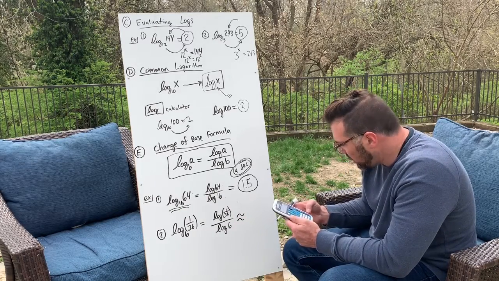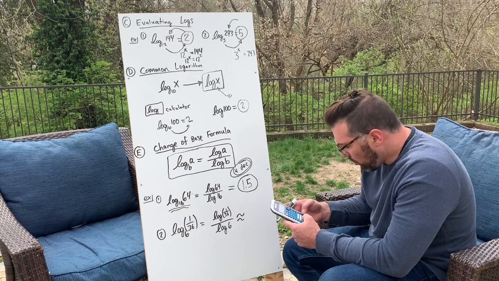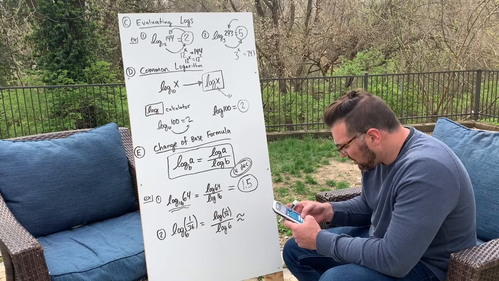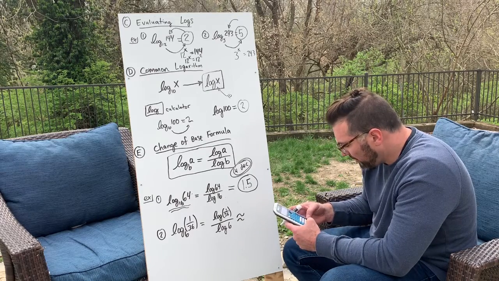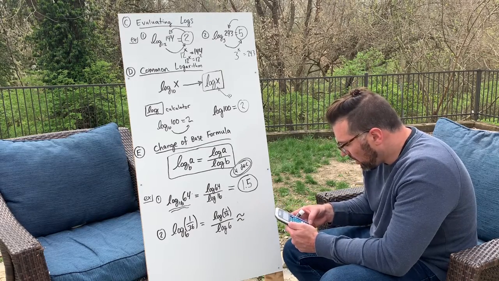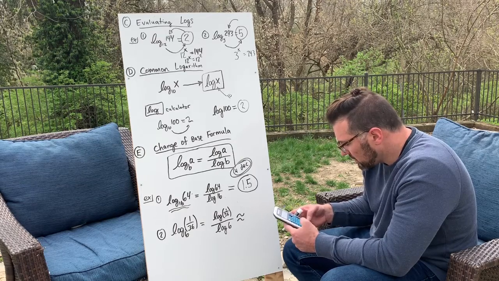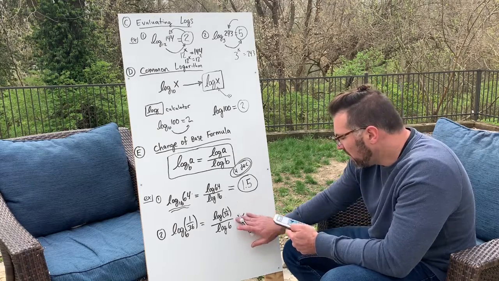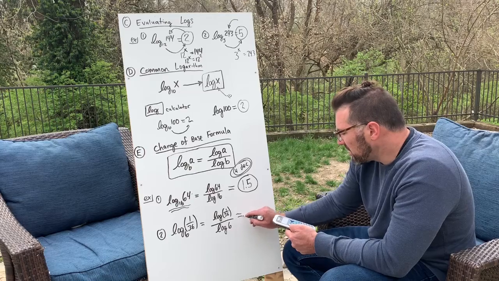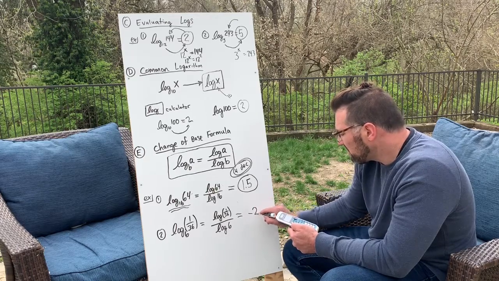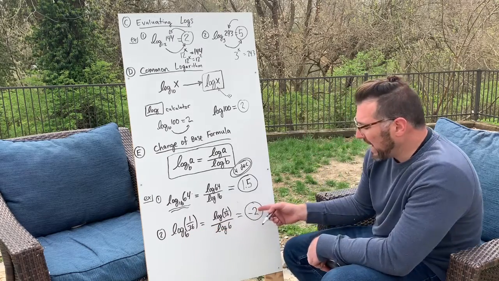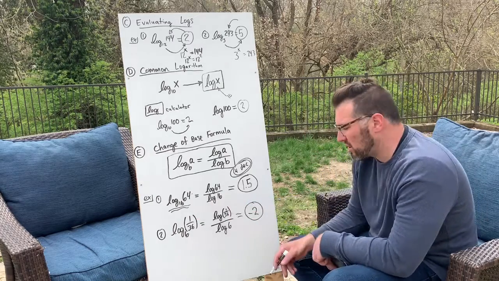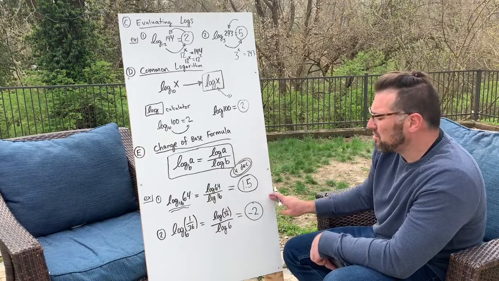Log of 1 divided by 36, all of that, divided by log 6. Cool. Oh, okay. This one I didn't have to round either. This one equals -2. What does that mean? That means that 6 raised to the -2 power equals 1 over 36. That's how you use the change of base formula.